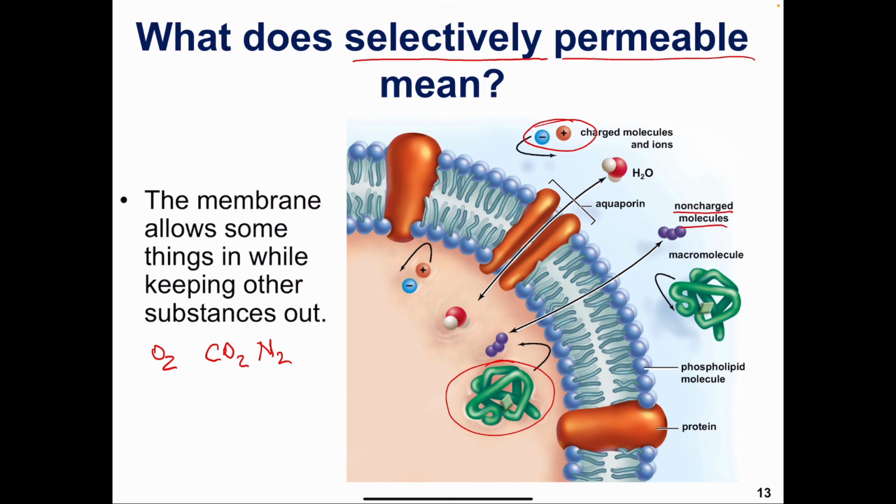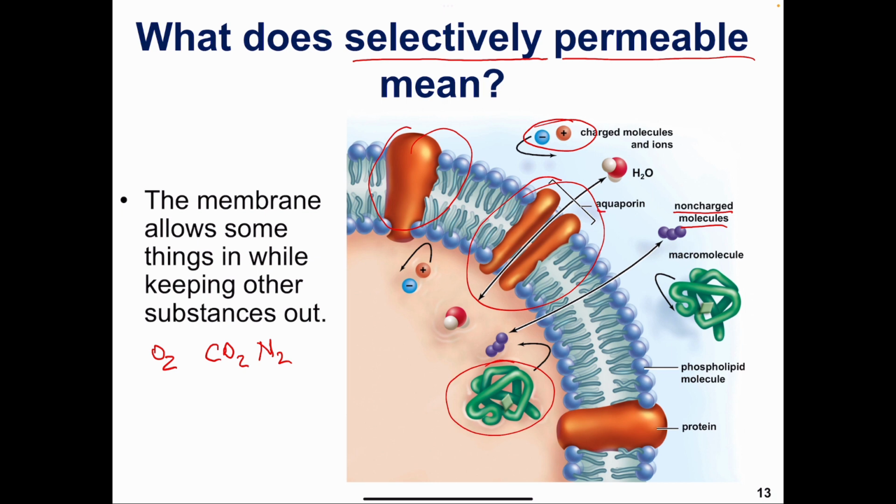Now, the proteins that are embedded in the plasma membrane are going to facilitate the movement of some chemicals in and out. For instance, sugar. How do we import sugar in? Using some proteins that are embedded in the plasma membrane. Believe it or not, even water to get in or out of the cell needs to use some proteins that are embedded in the plasma membrane.